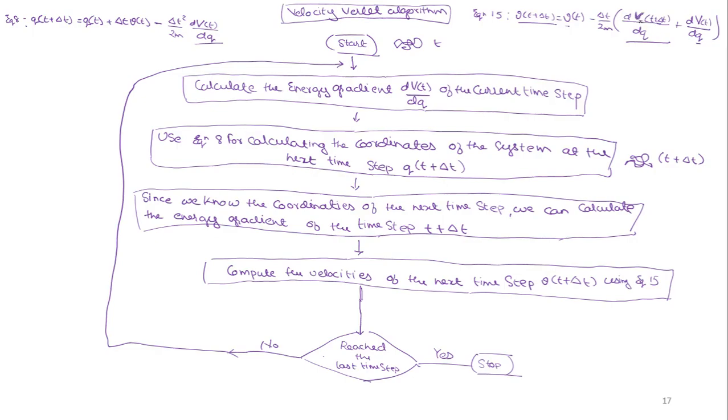Once you have that, along with the velocity and energy gradient of the previous time step, you can calculate the velocity of the next time step, that is v of t plus delta t. Again, ask this question: have you reached the last time step, and so on. This algorithm will continue.